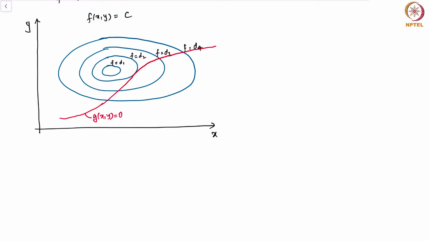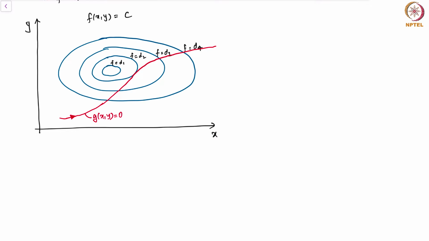So what's the basic idea of determining the extremum, the maximum, minimum? The idea is as follows. I want to move along this constraint. I want to take a walk along this constraint. As I walk along this constraint, the first thing that I want to make sure is I want to satisfy the function f of x comma y equal to c, and those are given by these contours.